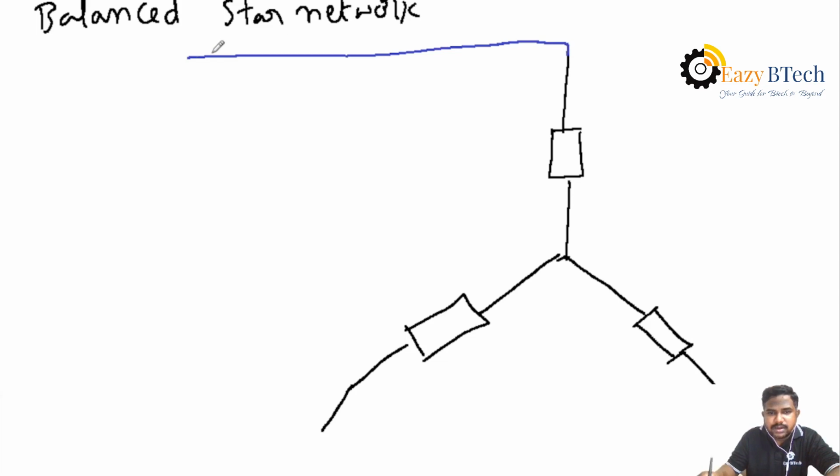Then the lines are here. The star lines should be coming from the supply. That is the connection from the supply to the load system.